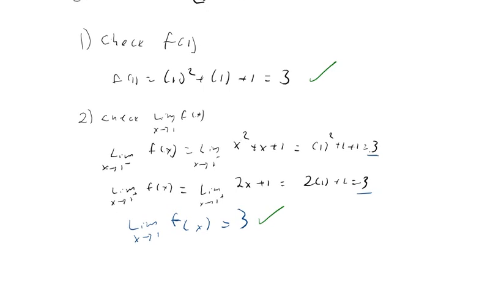So my three-part definition of continuity, I'm checking if it's continuous. I check the value, I check the limit, and I check if they're the same. So part 3. Does f of 1 equal the limit as x approaches 1 of f of x?